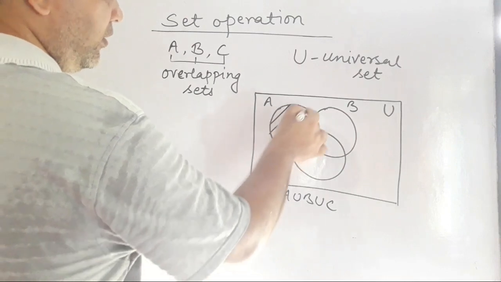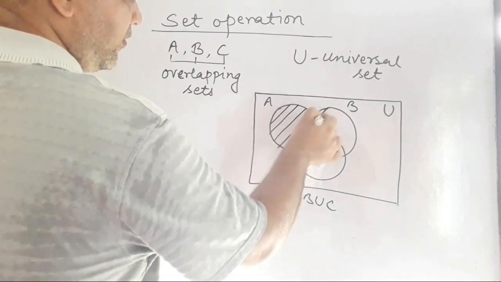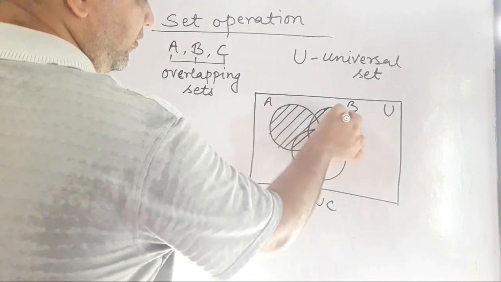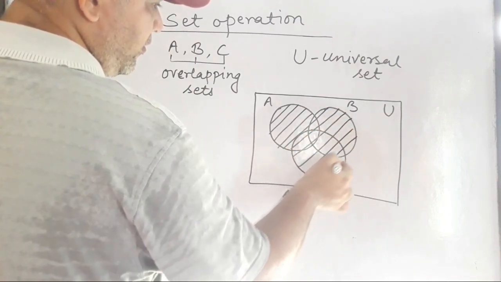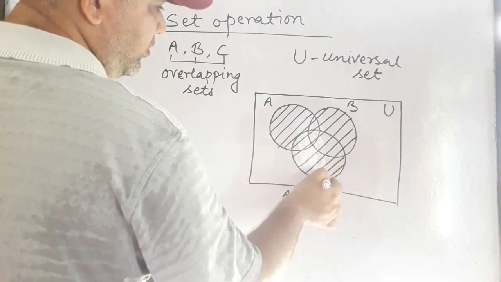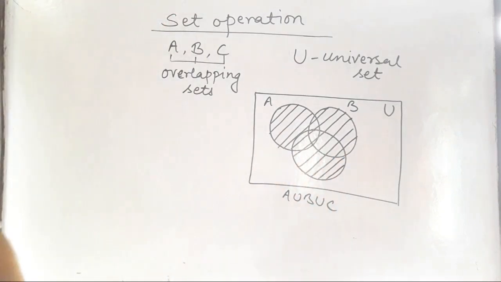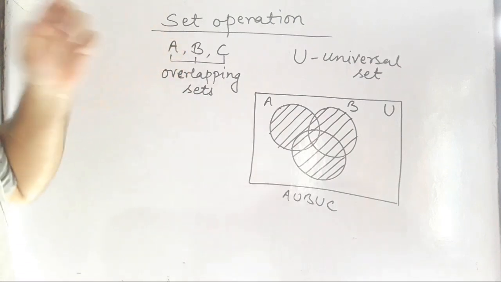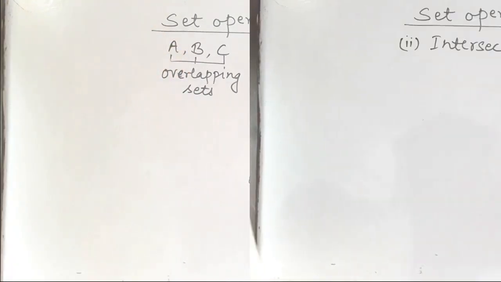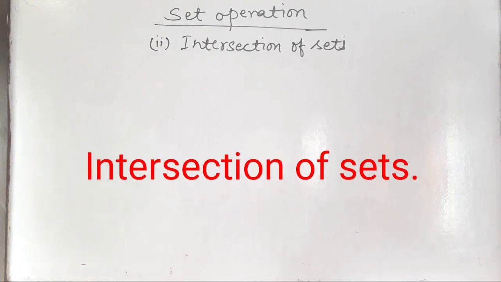Let's shade them all. So this is the Venn diagram of A union B union C when the three sets A, B, C are overlapping. The next operation, intersection of sets.